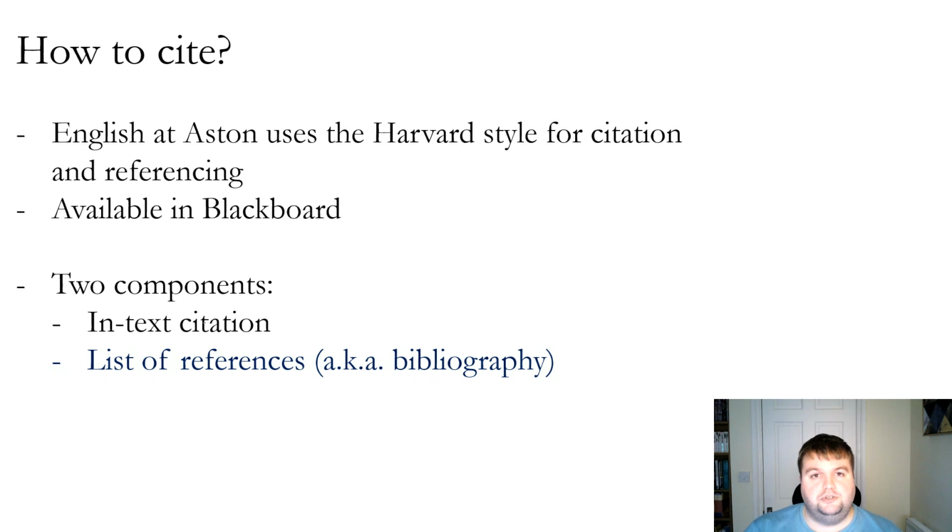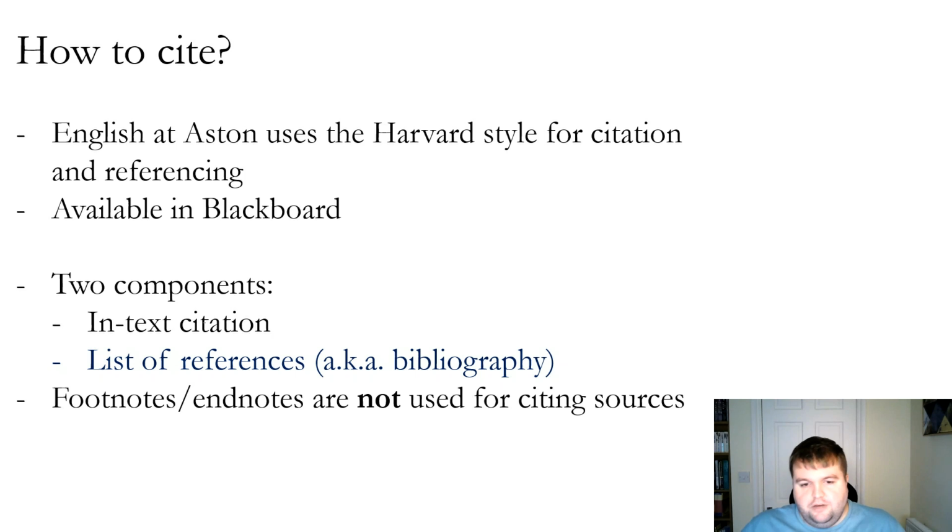So it's very important that you understand this distinction, because sometimes you may be asked to produce a bibliography, but actually in English at Aston, even if you're asked for a bibliography, what we actually mean is a list of references. We want a list of specifically the sources that you have mentioned in your text, and nothing more.